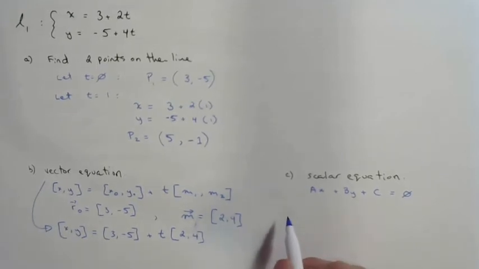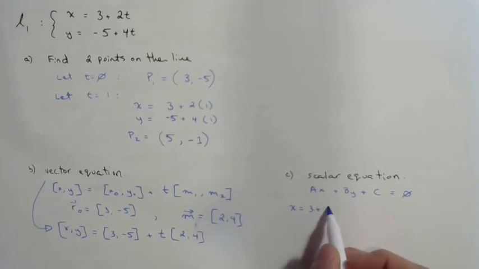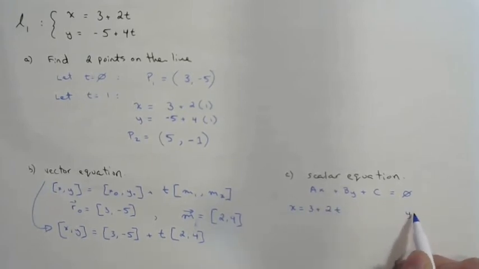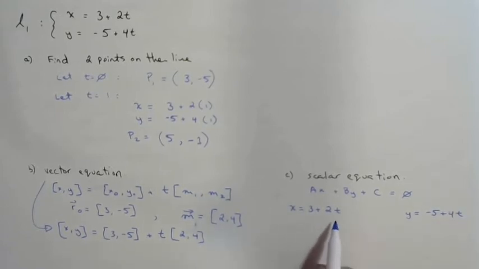Well, we're going to take our two equations, which is x equals 3 plus 2t, and y equals -5 plus 4t. And in each of them, I'm going to isolate t. I'm going to rewrite this in terms of t. So I'm going to subtract 3 from both sides and then divide by 2. So we're going to end up with t equals x minus 3 over 2.